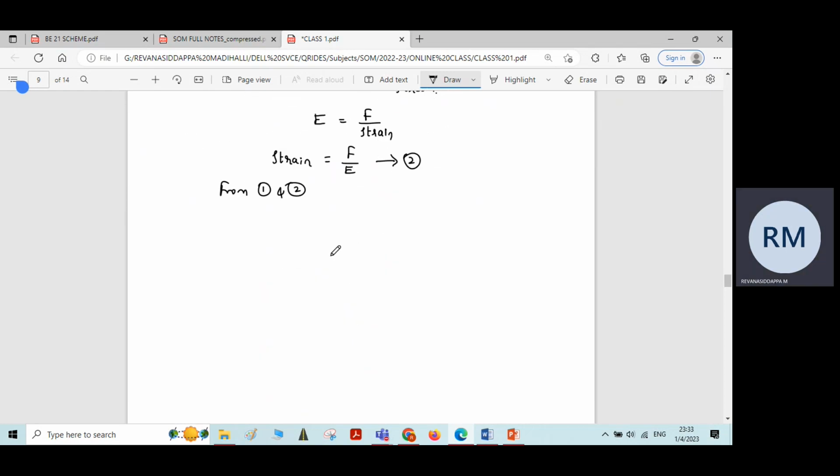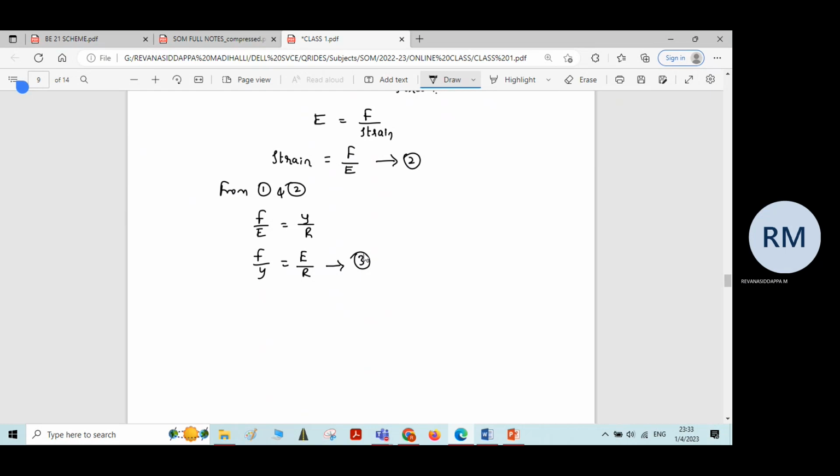Y by R is equal to F by E, or F by E is equal to Y by R. We can rewrite as F by Y is equal to E by R. We'll call this equation number 3.